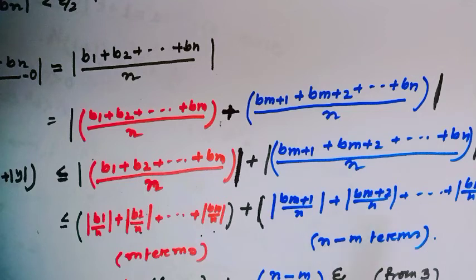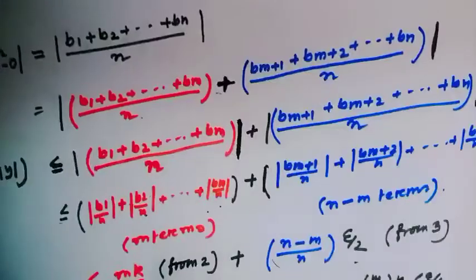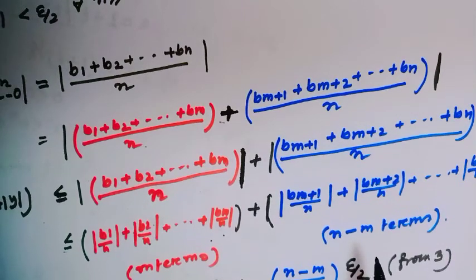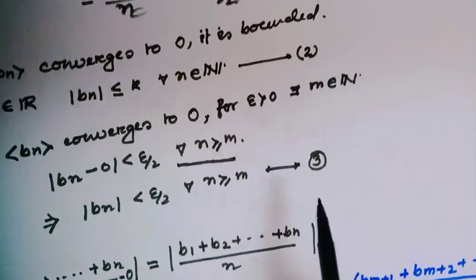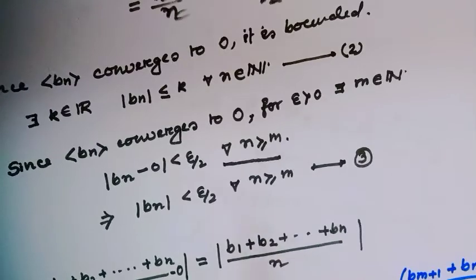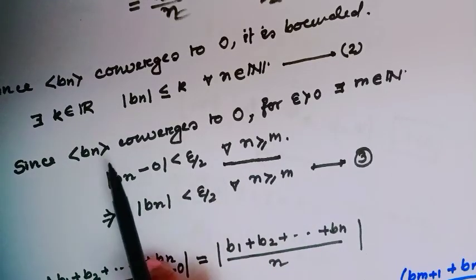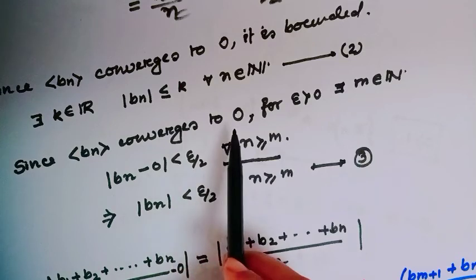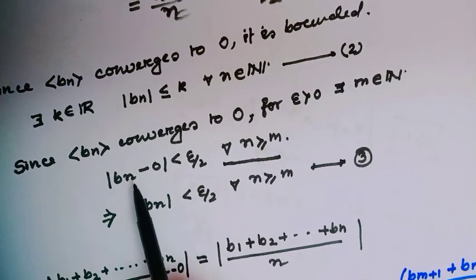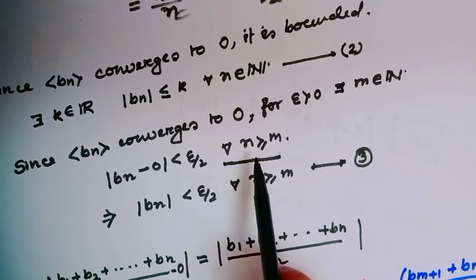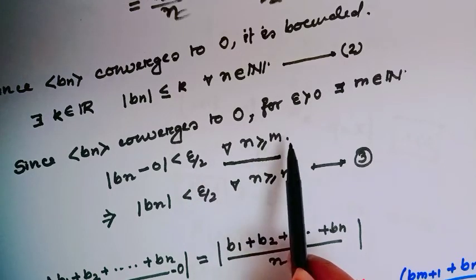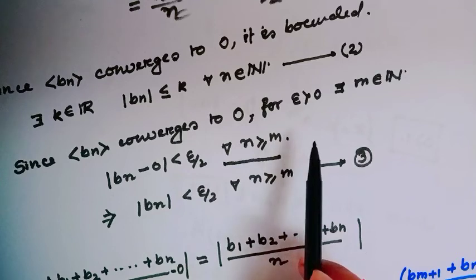Notice here m terms and here n minus m terms. And let's see, since bn converges to 0, the absolute value of bn minus 0 is less than epsilon over 2. This is true for all n greater than or equal to m.